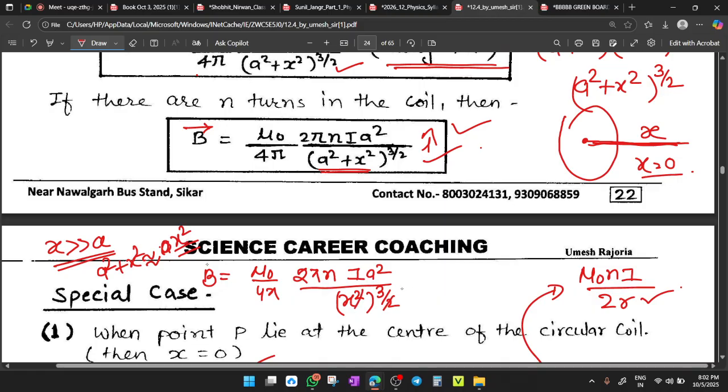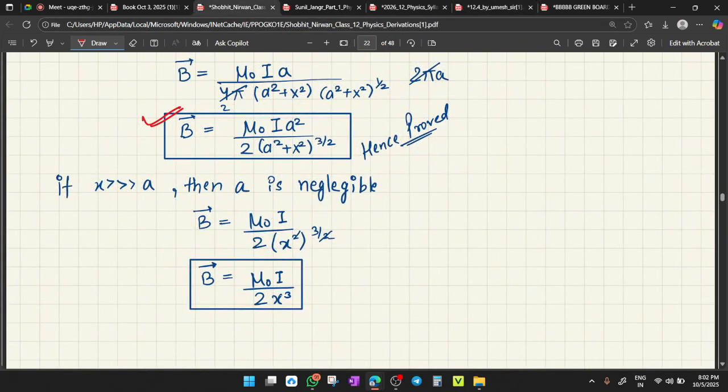Now 2 and 2 cancel, and pi and pi cancel. So your final result equals mu naught upon 2, I a square n divided by x cube. Yes. So this is the result, a special case you can see. So this, see here, mu naught I upon 2x cube.